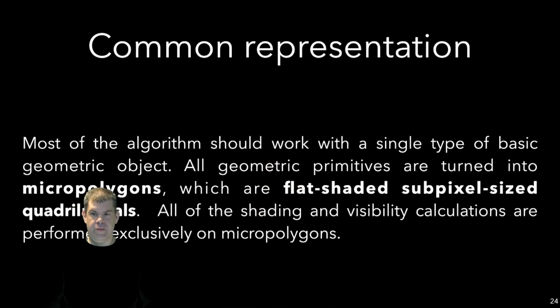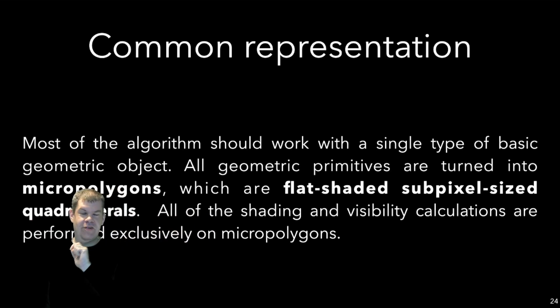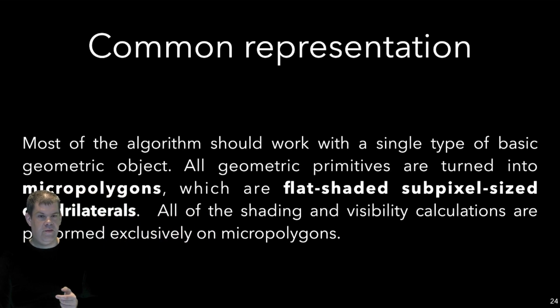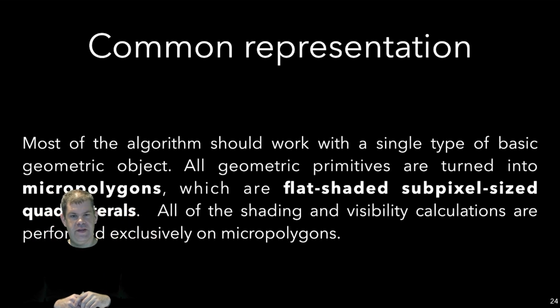And what's that common representation? The common representation is this micropolygon, okay, which are flat shaded subpixel sized quadrilaterals, okay? And that's, by the way, the output of the dicing process. And again, back then, folks hadn't settled on words. So today, we would probably just call this subpixel, okay?